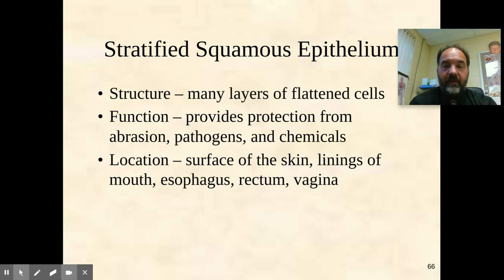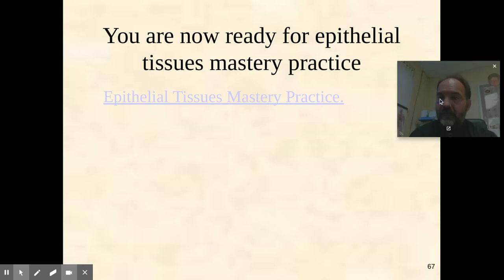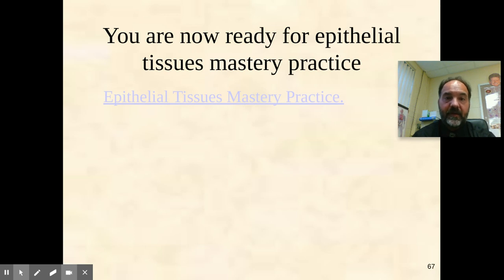We will have additional instruction on these items throughout the lab and practice and such. But with these notes, you should be ready to begin epithelial tissues mastery practice at this time. You have 6 attempts.